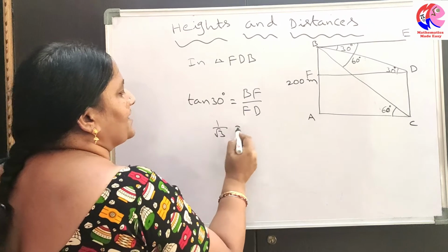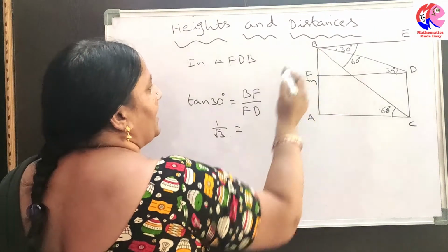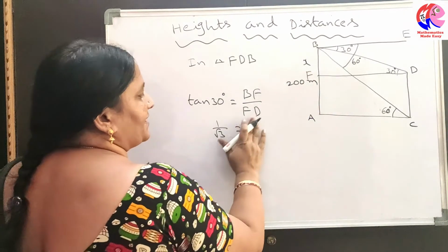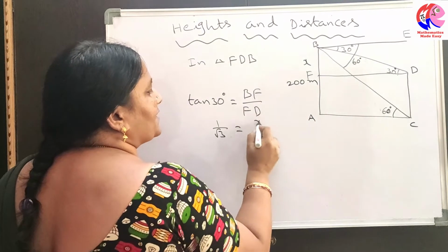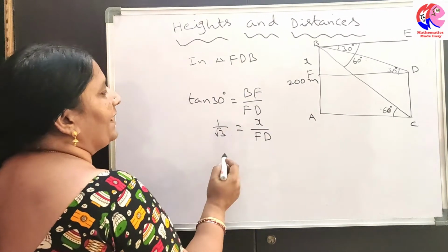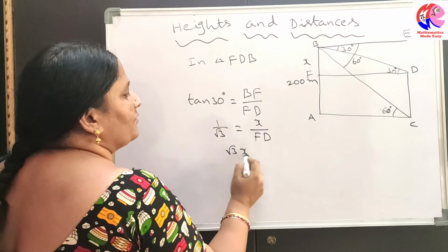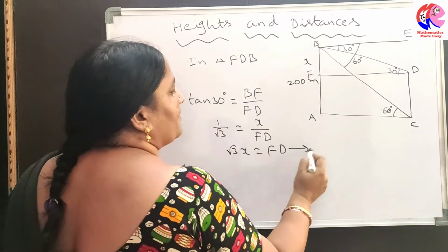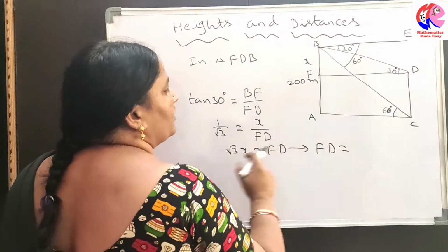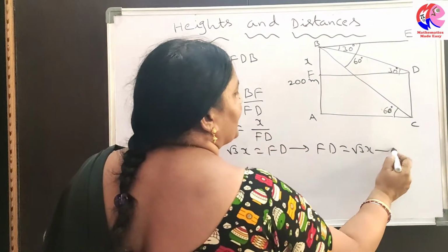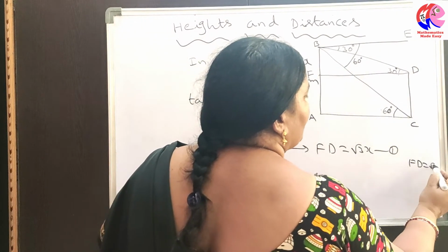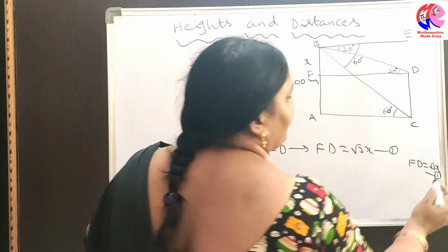So 1 by root 3 is equal to FB by FD. Let us take this FB measure is equal to x. So 1 by root 3 is equal to x by FD. Now cross multiplication, FD is equal to root 3x. Assume it as equation number 1.